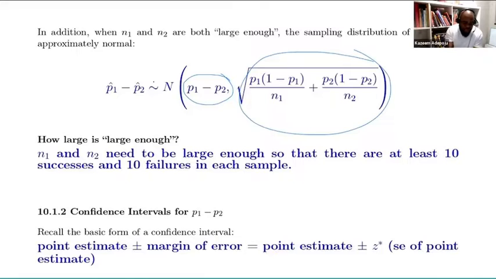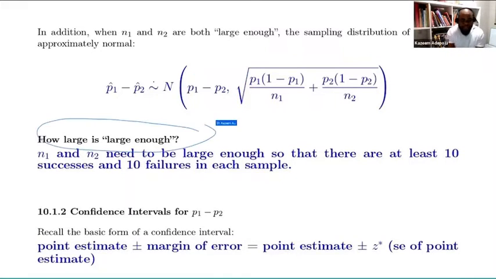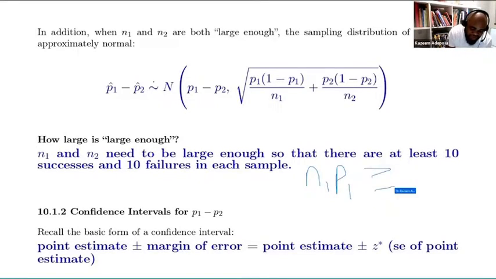And if we ask how large is large enough, remember when we were focusing on the means, we said the sample size has to be at least 30. But when we're focusing on proportions, all we need is for N1 and N2 to be large enough to have at least 10 successes. When I say 10 successes, I mean N1 P1 has to be greater than or equal to 10 for population 1, and N1 times 1 minus P1 also has to be greater than or equal to 10.